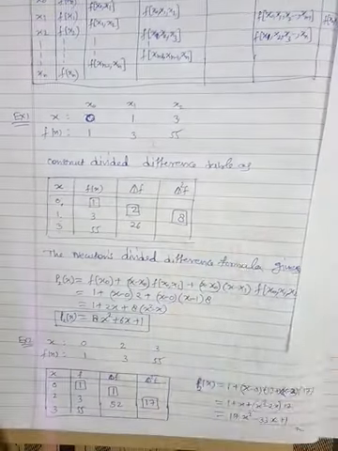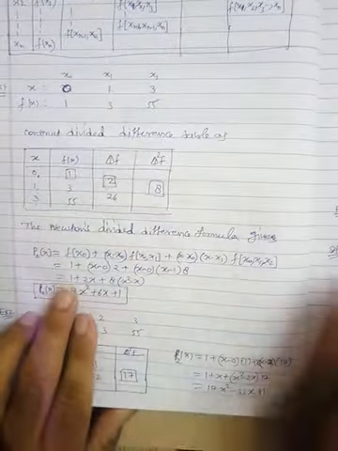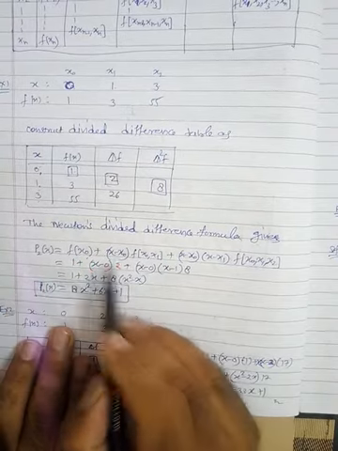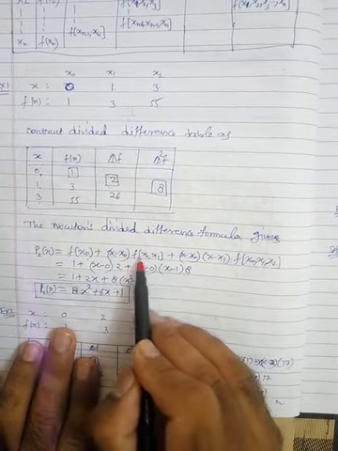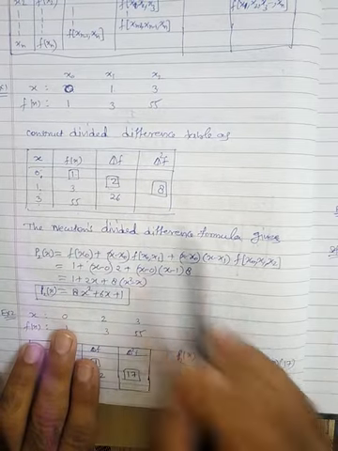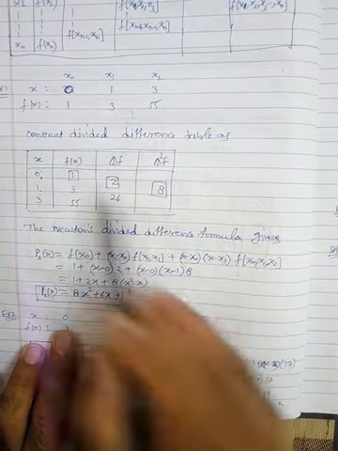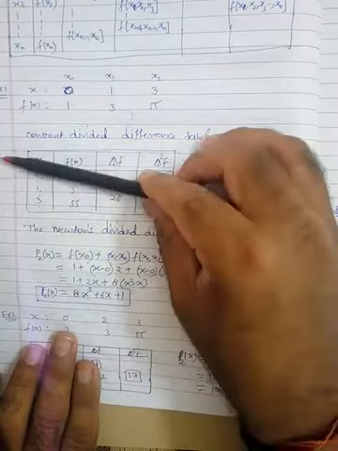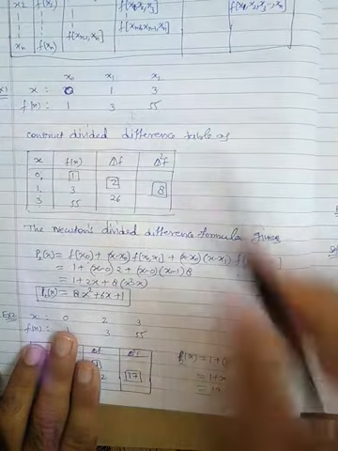So this is the table. Then write down this formula: f of x naught plus x minus x naught multiplied by the first order difference plus x minus x naught into x minus x1 into the second order difference. We move in the forward direction.